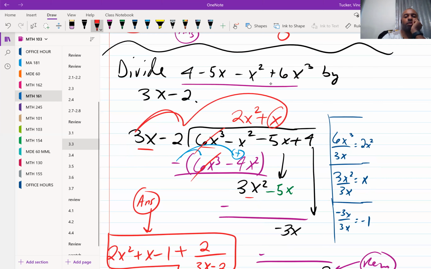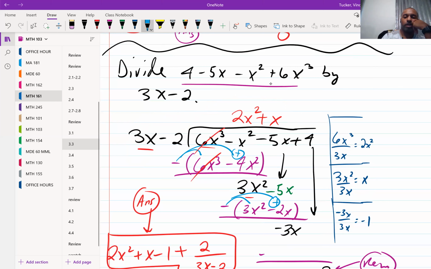Once again, multiply to both. So 3x times x gives 3x squared. x times negative 2 is negative 2x. Once again, distribute the negative. Negative 5x plus 2x is negative 3x. Bring down your 4.